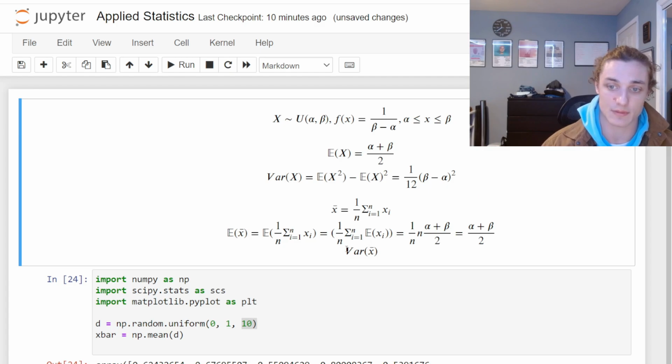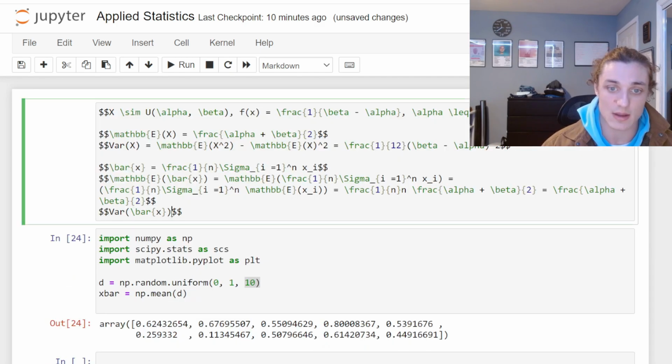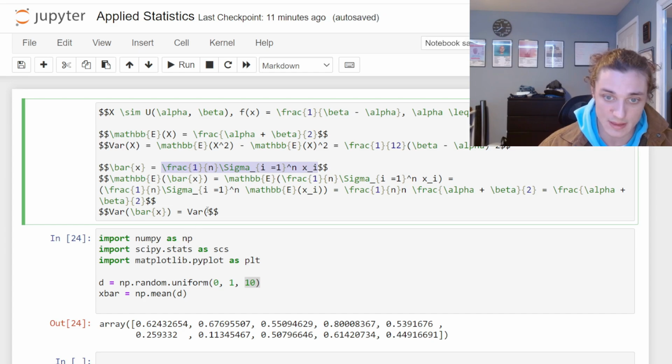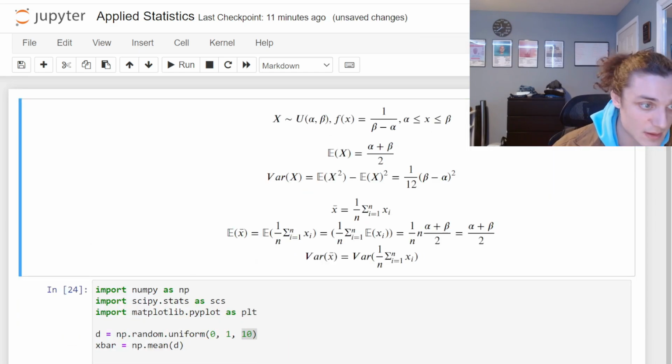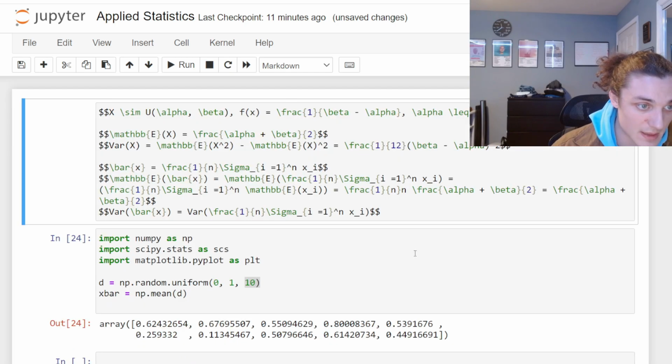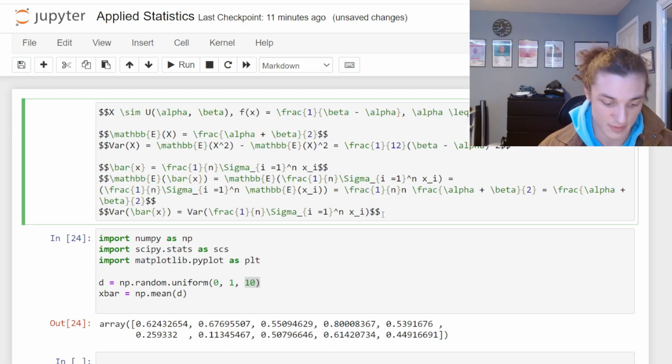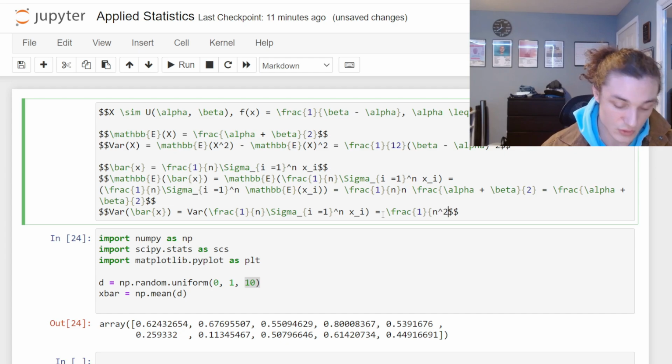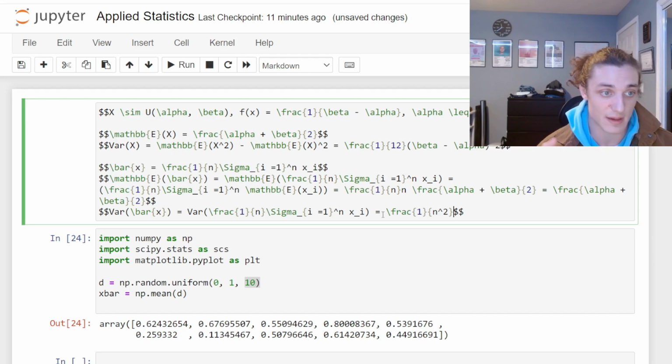We can do the same exact thing for the variance of x bar. As it turns out, when we apply this variance to the sample mean, we end up with this extra 1 over n. I'm going to take out this 1 over n, and then we square it, because whenever we take something out of variance, we square it. So we get 1 over n squared. Then we still have n variances, because it's a summation of IID random variables, so we have n times the variance of x i.